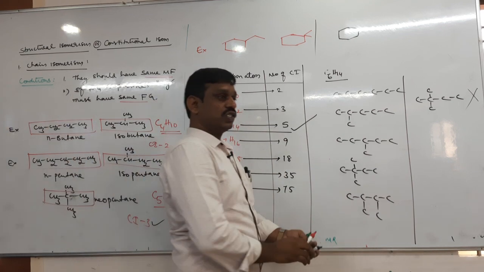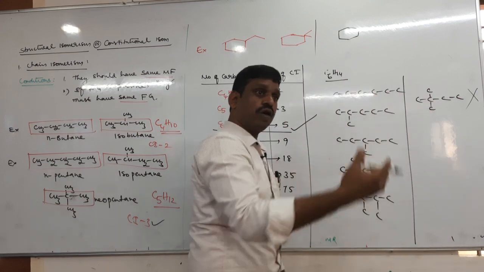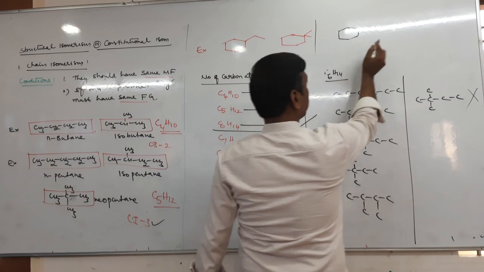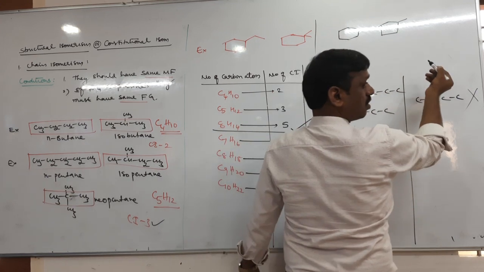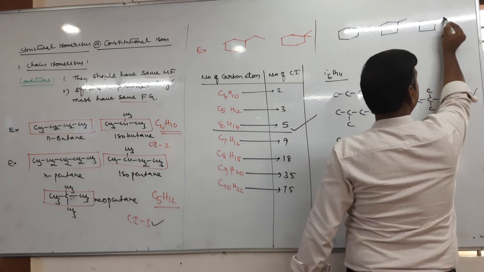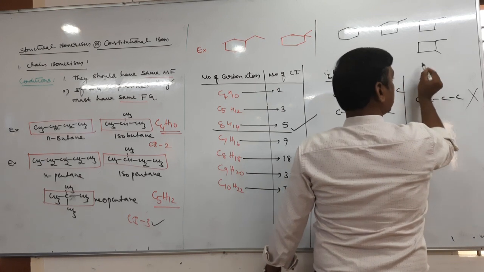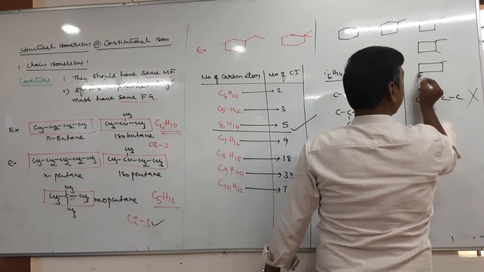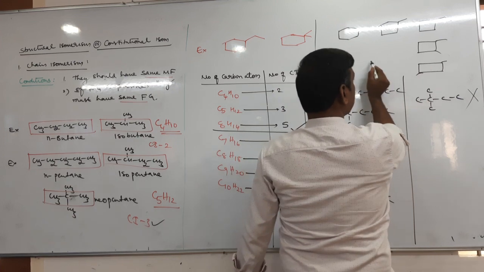Very good. So it is cyclohexane, 6 carbon. You make it 1 reduced, cyclopentane you will get, then methyl. Next, cyclobutane, you will get ethyl. Cyclobutane, dimethyl. Cyclobutane, 1,3-dimethyl.